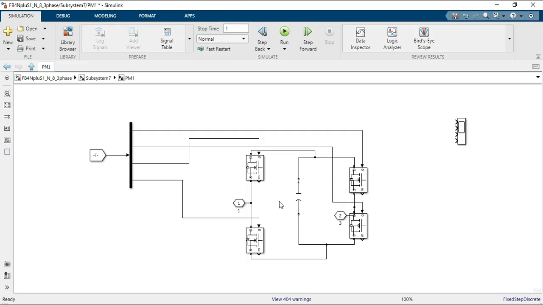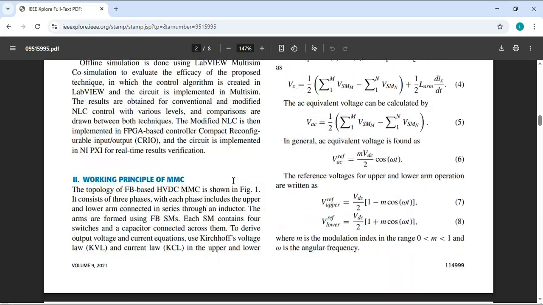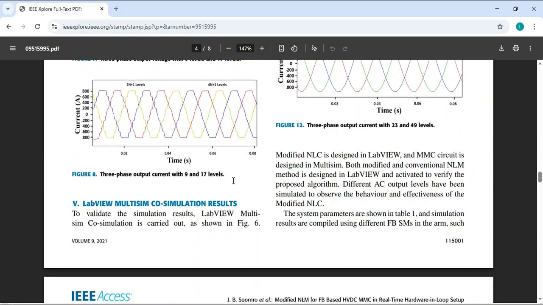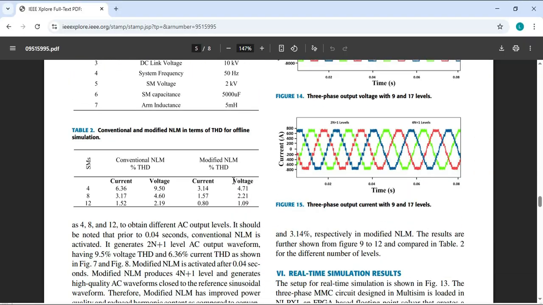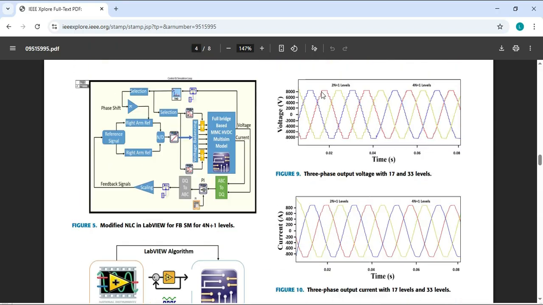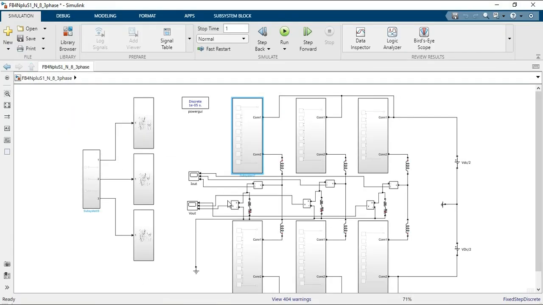You can see there are 8 full bridge submodules connected, right? In the paper you can see that I have simulated the system with 4 and 8 submodules. 12 submodules are also used.